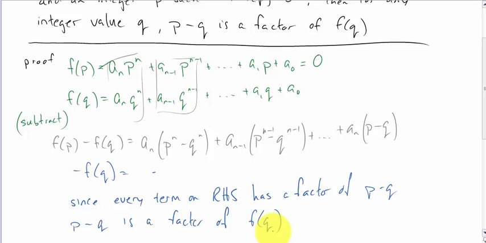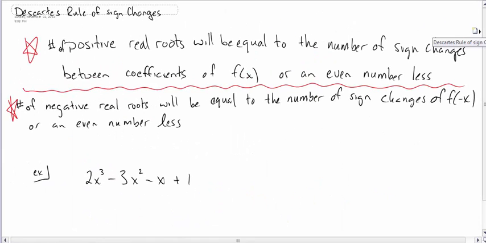Now, one more thing to look at before we get into the meaty goodness of an example, and it is called Descartes' rule of sign changes. What it tells us is that the number of positive real roots will be equal to the number of sign changes between the coefficients of f of x, or an even number less. Okay, so what does that even mean?